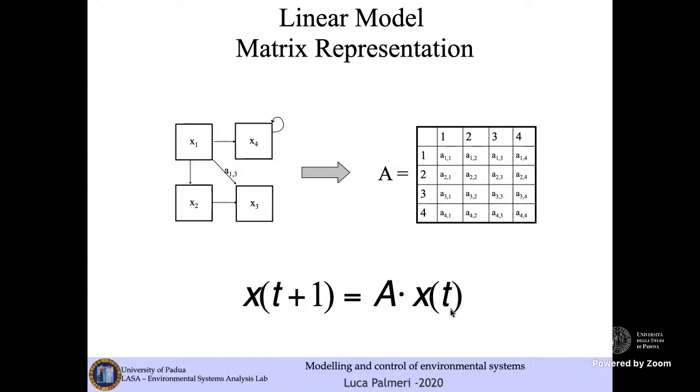In order to calculate what will be the value of the state variable vector at the subsequent time interval, I've synthesized it by writing t plus 1, but we may write t plus 2 or something. So on a subsequent unit of time, you simply make the product, the multiplication in the algebra of matrices, of the matrix toward the vector of state variables. And the result of this multiplication is simply the value of the state variable vector at the next time instant.